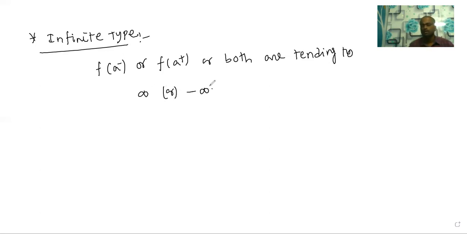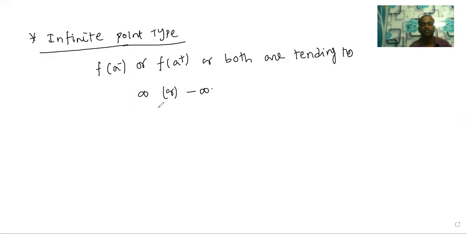Either left hand limit is tending to infinity or minus infinity, or right hand limit is tending to infinity or minus infinity, or both are. So in all these cases, we can conclude f of x has infinite point type discontinuity at the given point.